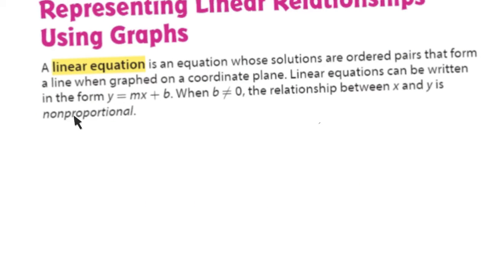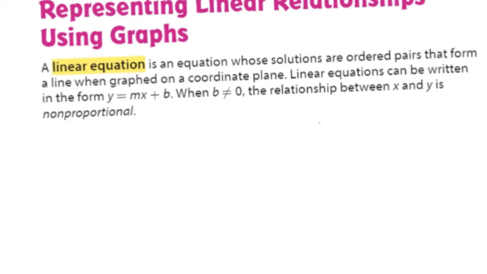Okay, so now we're going to have representing linear relationships using graphs. A linear equation is an equation whose solutions are ordered pairs that form a line when graphed on a coordinate plane.